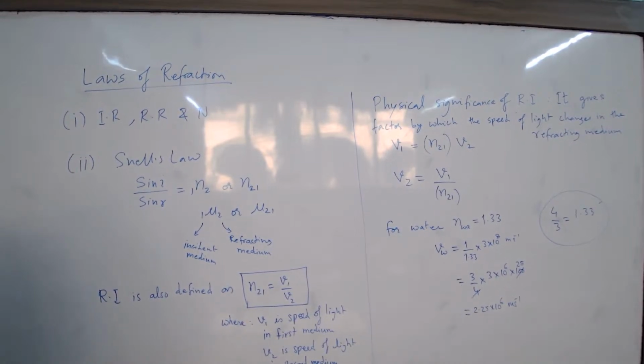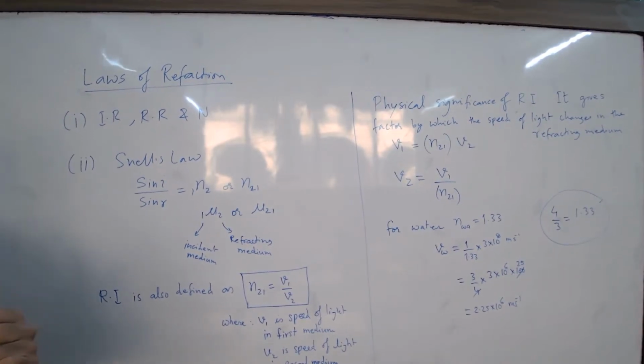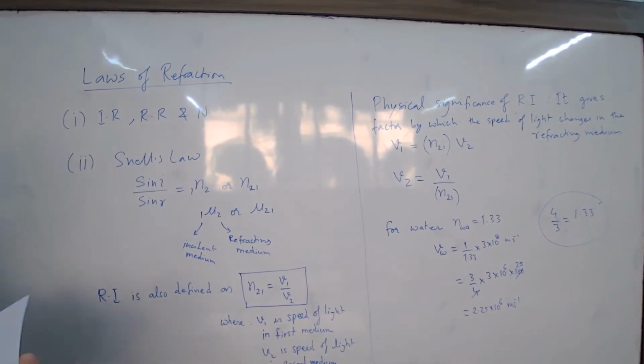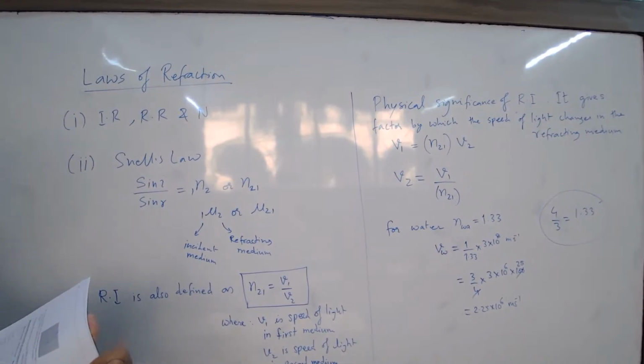Right on page 56. You can see the highest refractive index is of diamond, 2.42. So speed of light in diamond is going to be the lowest. And obviously it will be highest in air because the least refractive index is that of air.